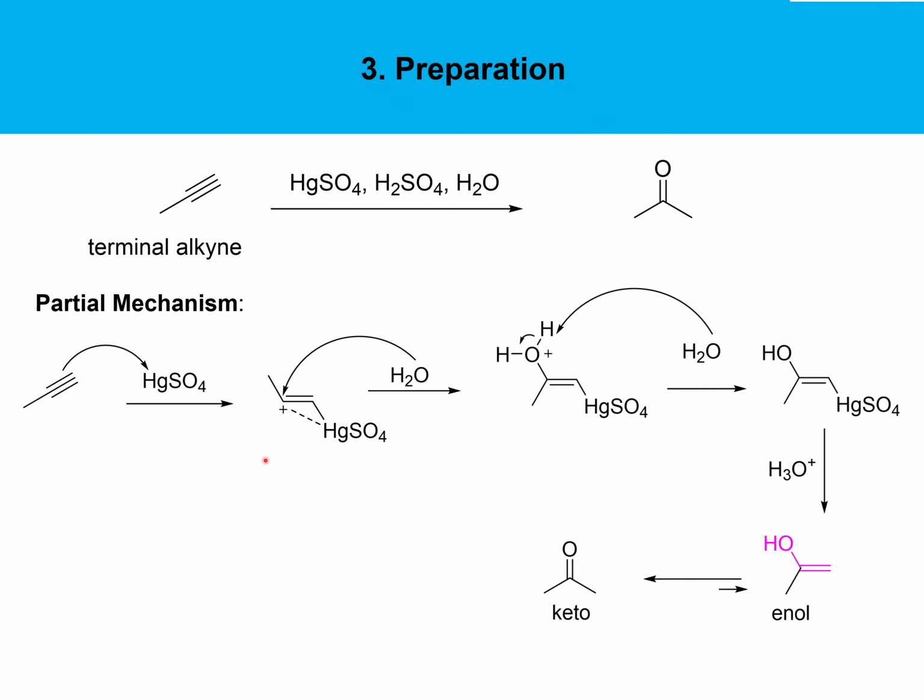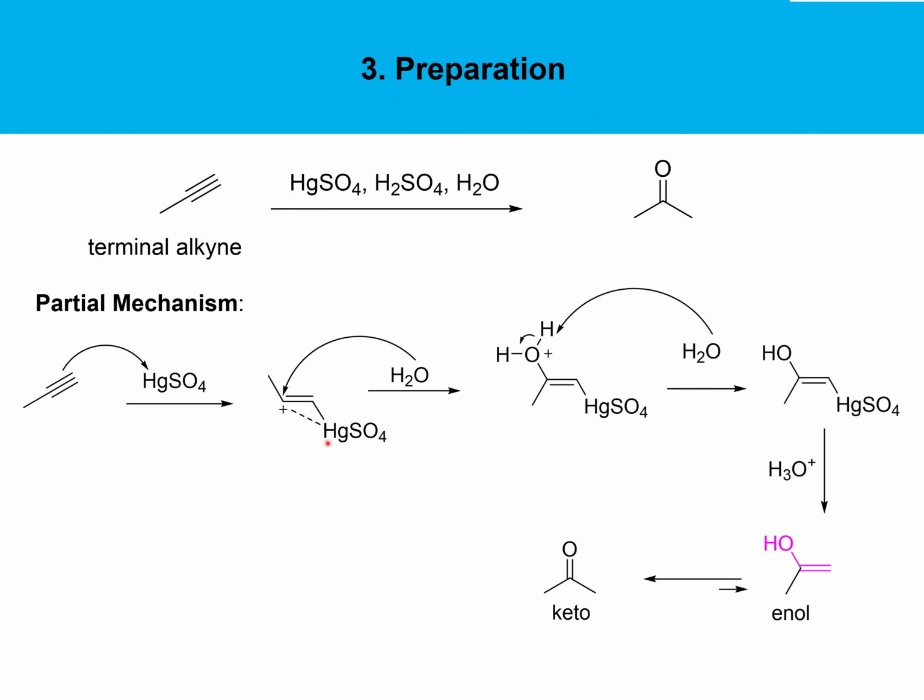And so we end up with sort of a 3-member ring, which we call a mercurium ion. We certainly ended up with these mercurium ions when we do an oxymercuration of an alkene. But in the case of an alkyne, due to the fact that we still have a double bond, that 3-member ring doesn't really want to form.